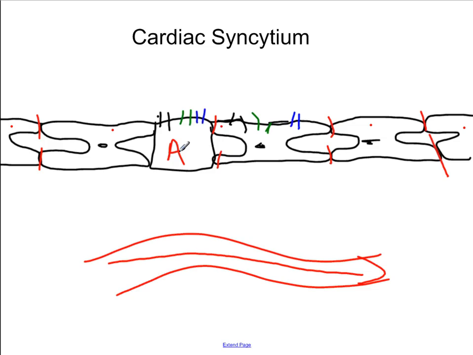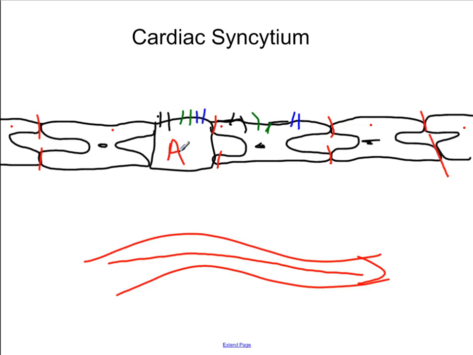Now, these autorhythmic cells are basically the cells that are ultimately going to be stimulating the cardiac muscle cells to depolarize. They have very oscillating membrane potentials that are constantly spontaneously depolarizing, repolarizing, depolarizing, repolarizing.